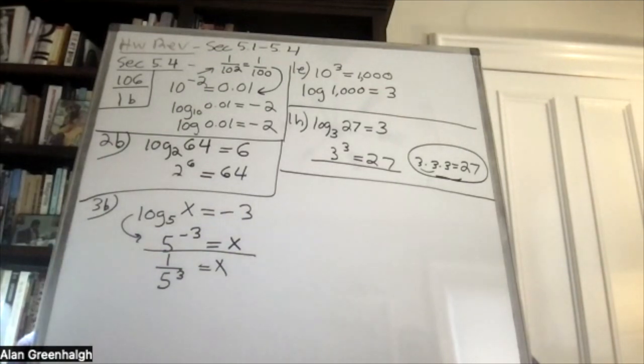Or you could use a calculator, I suppose, and do, let's see if I can do this now. 1 divided by 5 to the third power. This comes out right?